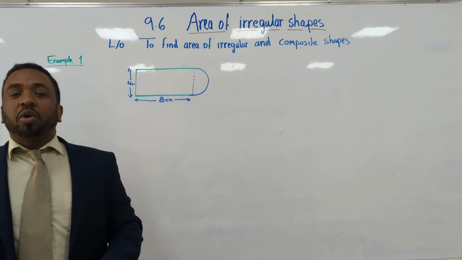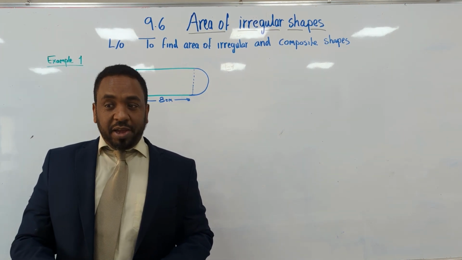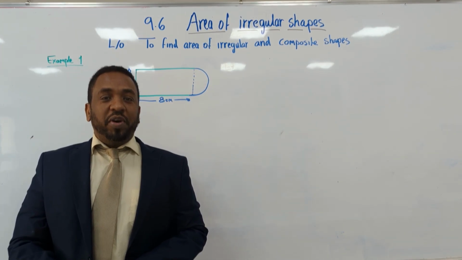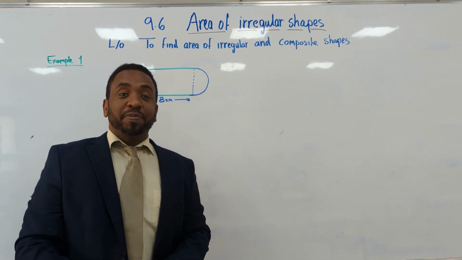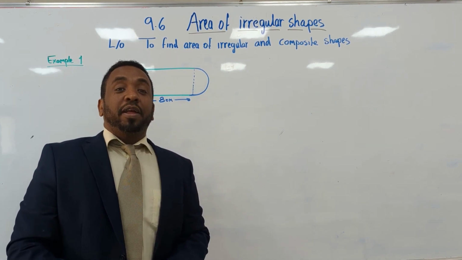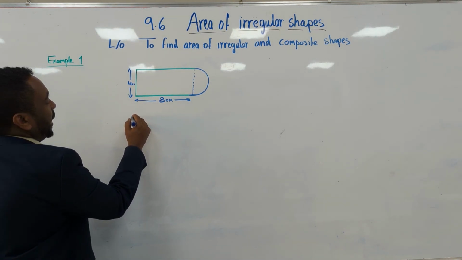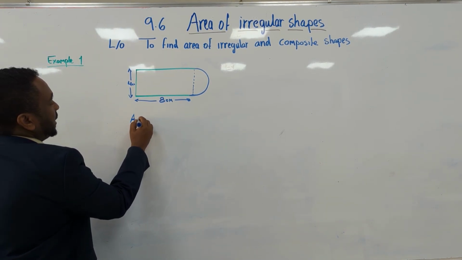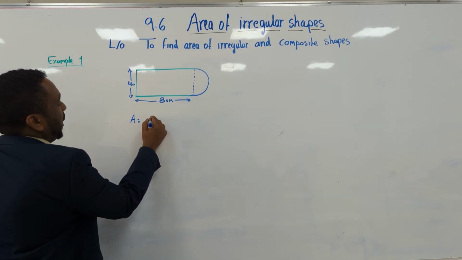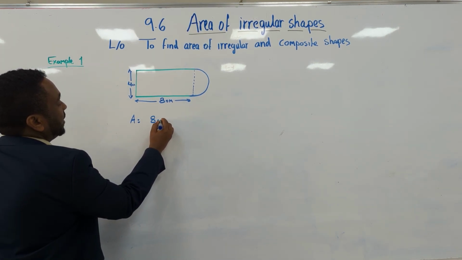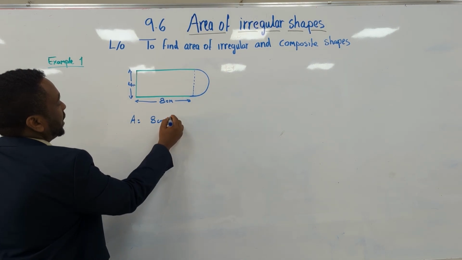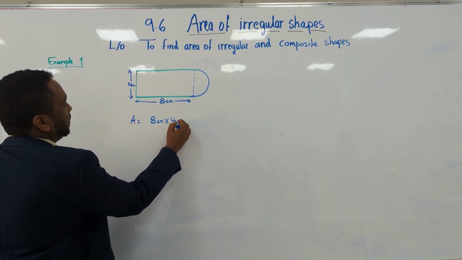You already know how to find the area of a rectangle. So how do we find the area of a rectangle? Exactly. So the area of this rectangle will be base, which is 8 centimeters, times 4 centimeters, which is the height.